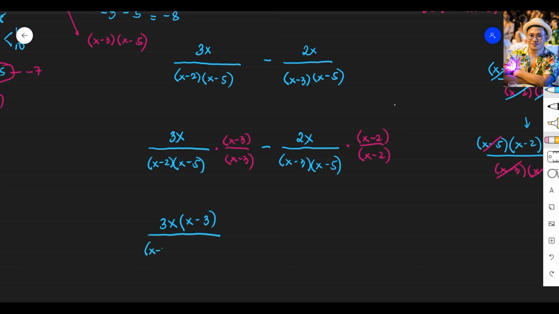So, x minus 2 times x minus 5 times x minus 3. Minus, same thing sa pikas, 2x times x minus 2 over the denominator nga x minus 3 times x minus 5 times x minus 2.